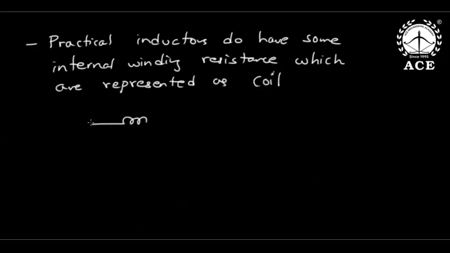Now this is a practical inductor: L and R, which is called a coil. Practical inductors do have some internal winding resistance, which is represented as a coil. This is the meaning of practical.